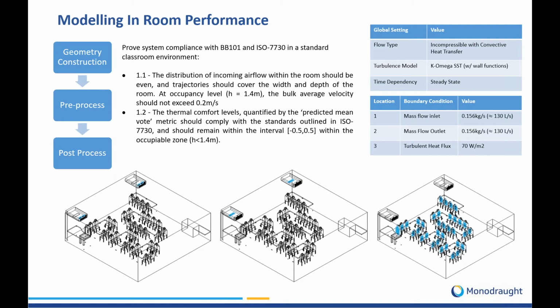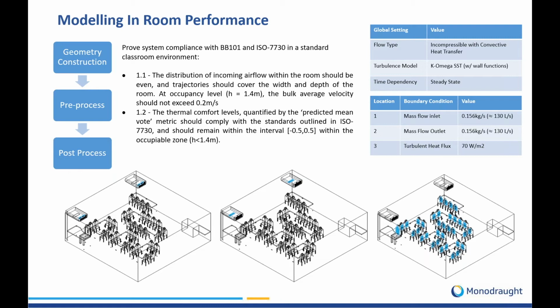And the second one is that the thermal comfort levels, which can be quantified through a metric known as the predicted mean vote, should be within the range of minus 0.5 to 0.5. So in order to prove this, we set up a simulation in SimScale using certain boundary conditions that you can see on the table on the right, and flow conditions and global settings that you can see in the table above it.